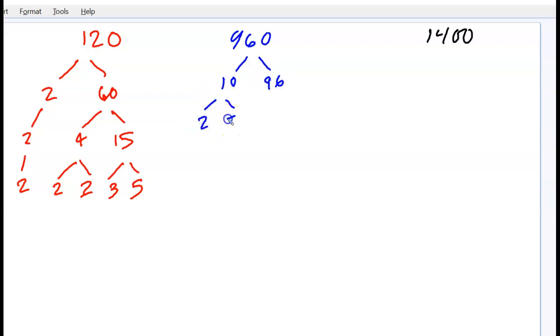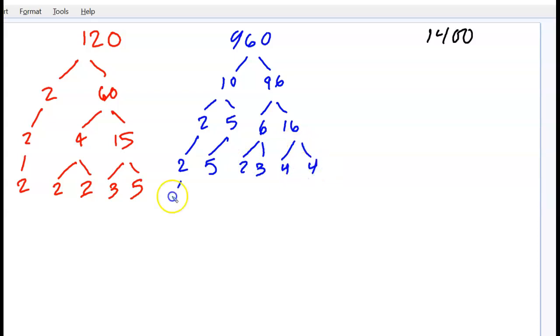And 10 is 2 times 5. 96 is 6 times 16. 6 obviously is 2 times 3. And 16 can be 4 times 4. Finally, 2, 5, 2, 3, 2 and a 2, and another 2 and a 2. So there's the prime factorization of 960.